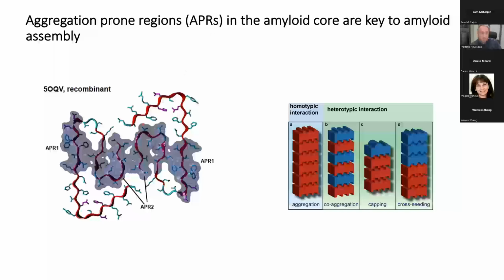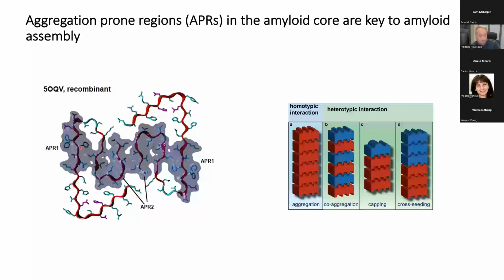What we did was mostly look at the APRs, which are a subfraction of the amyloid core. The reason is, as I explained before, these are the most stable, most rigid, more structured parts. So you would think that entropically, this could form hotspots for binding with similar, homologous molecules.